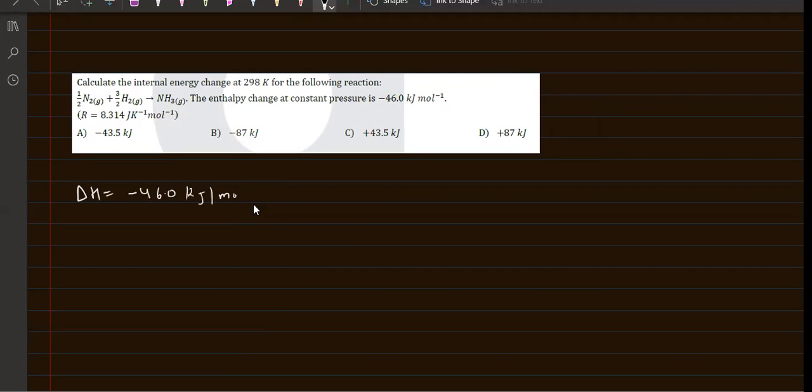Now, delta U is equal to delta H minus delta ng RT. Yes or no? Right? As simple as that. So delta H is given, delta ng you can calculate, R is given, T is given. What was the doubt in this problem?